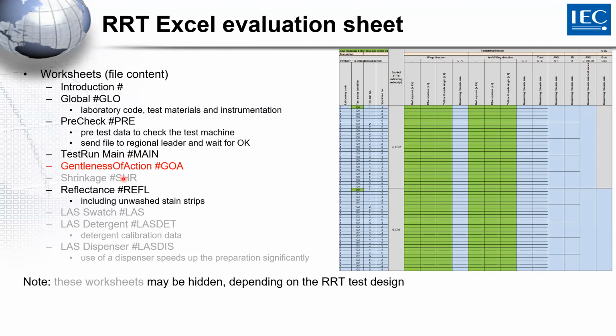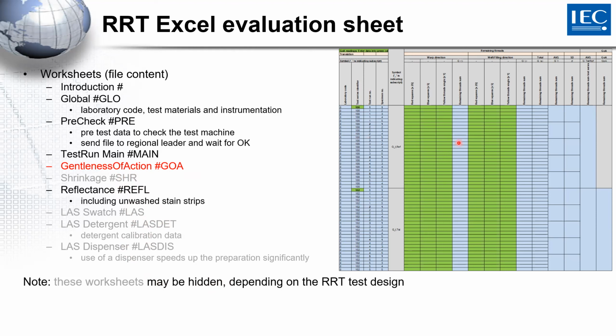And as you see, some are marked gray here because in some round robin test designs, we don't have a measurement of gentleness of action or shrinkage, or something else. Then these worksheets may be hidden by your regional leaders, so that it's up to the regional leaders. Maybe they have left it in, then you don't have to fill it, or you don't see it. Don't wonder, because for this round robin test design, you don't need these parameters.